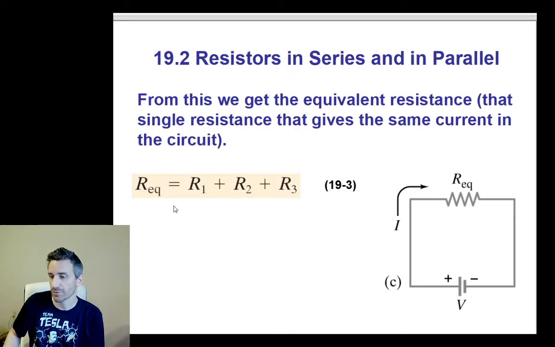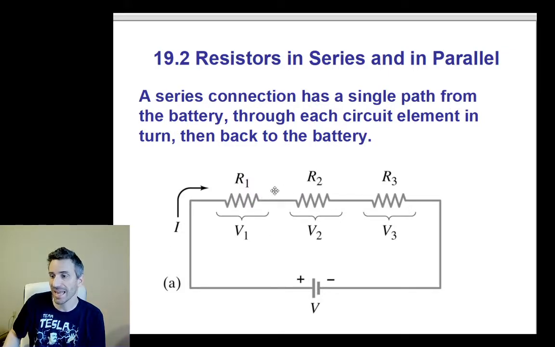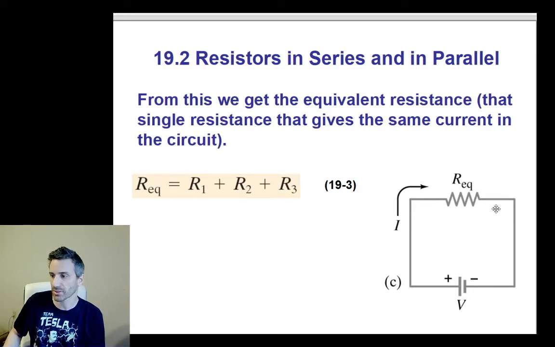So to find the equivalent resistance for all three resistors put together, you just add them up. Meaning that if I were to look at these three resistors, I could take them out and replace them with one resistor in their place with some equivalent resistance. It's as if you take them all out and put that one resistor in its place.